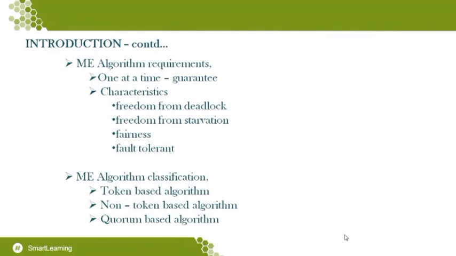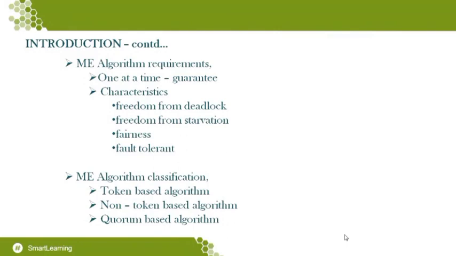The algorithm should not get trapped in such conditions, and it should also be free from starvation. Starvation is a condition wherein you will be waiting for your turn, but you will never get the turn to enter the critical section. Such a thing should not happen.